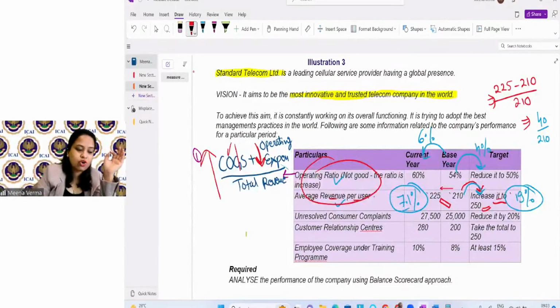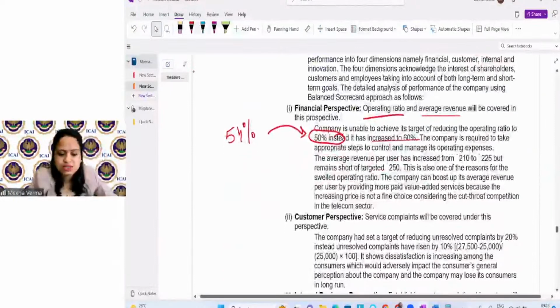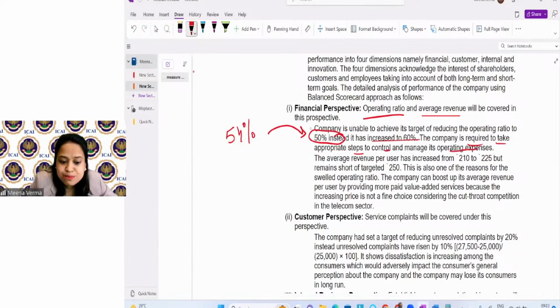Maybe because the cost of goods sold has increased, or maybe because the operating expense has increased. You can see it is written in the answer also. So easy to answer. The company is required to take appropriate steps to control and manage the expenses. Company should manage their operating expense. Instead of reducing, the expense has increased, and because of that the ratio has increased instead of reducing.